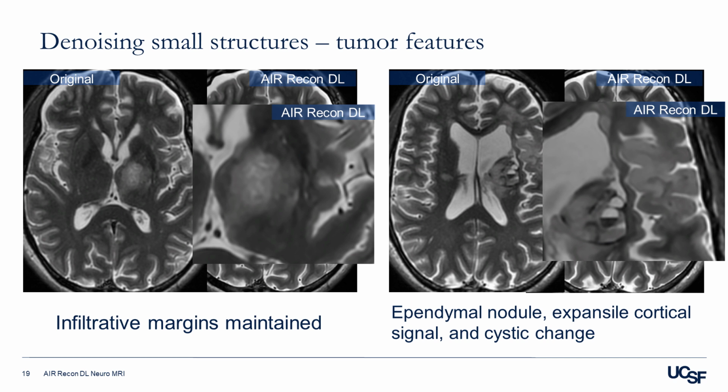On the example on the left, you can see that the infiltrative tumor margins are maintained. On the example on the right, you can see we can still see this ependymal nodule, some areas of expansile cortical signal abnormality, as well as a cystic change with layering fluid levels. And here are some zoomed in images highlighting those improvements as well.